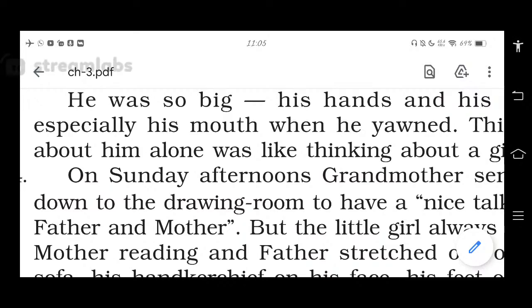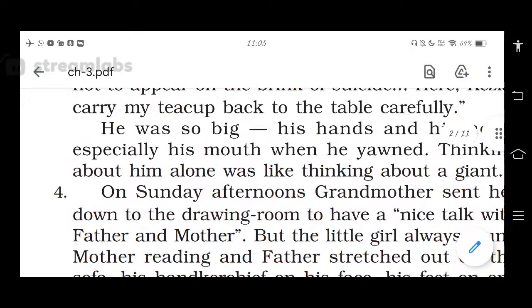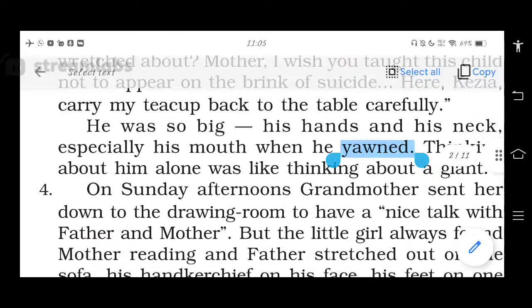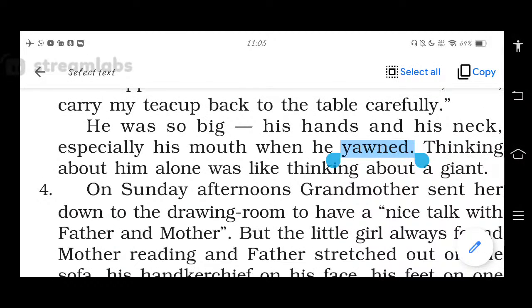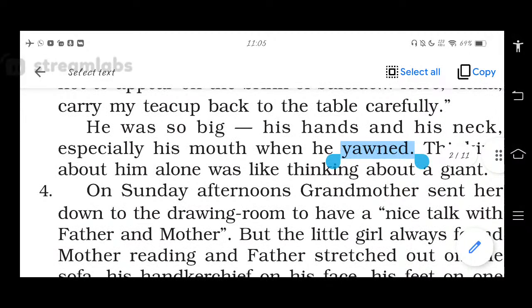And his hands and especially his mouth, when he yawned. Yawned, Y-A-W-N-E-D, means nothing but before going to bed, we generally open our mouth, which symbolizes that we are getting sleepy. So that is called a yawn.